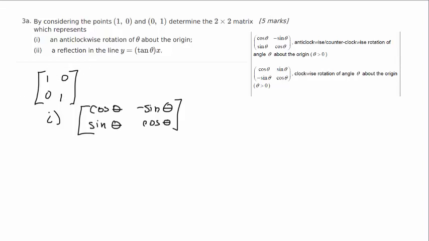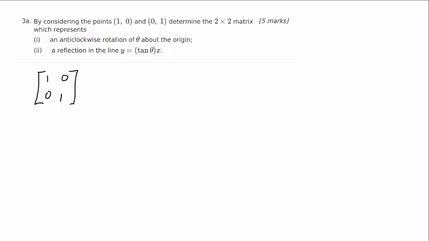And so in part 2 then, we're asking for a reflection in the line y equals tan theta of x, and instead of looking at the rotation, our formula booklet talks about the reflection in a line and that it involves cosine of 2 theta. Now I realize we have not talked about cosine of 2 theta and things like that, or that it represents a reflection in a line, but for the moment we're going to find out that it's not necessary.